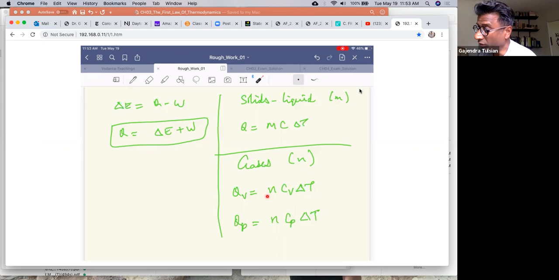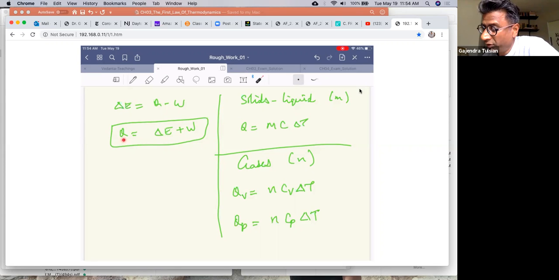Now, when the volume is held constant, the work done is zero. So the heat added goes all into raising the internal energy. When you're adding heat at constant pressure, work done is positive, and you still have to warm up the gas the same as at constant volume, because you have to change the internal energy by the same amount.